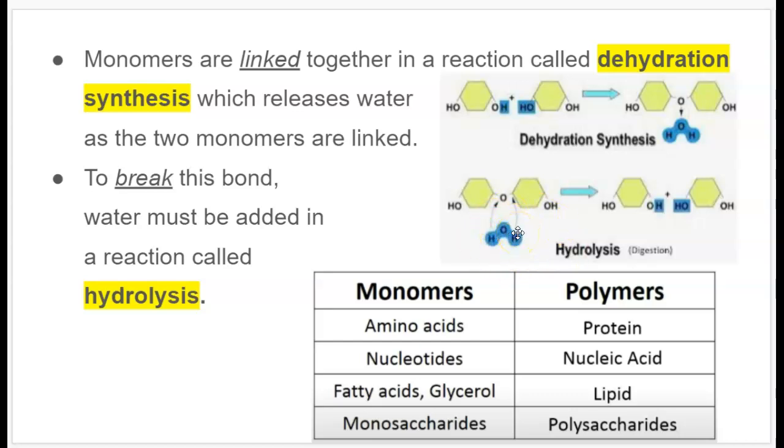Sometimes it uses the help of enzymes, sometimes it doesn't, depending on the process. It's going to break apart this water molecule into a hydrogen, which will attach here, and a hydroxide, which will attach here. And so now you have the oxygen nice and stable, and the carbon here is nice and stable. That's a process called hydrolysis.